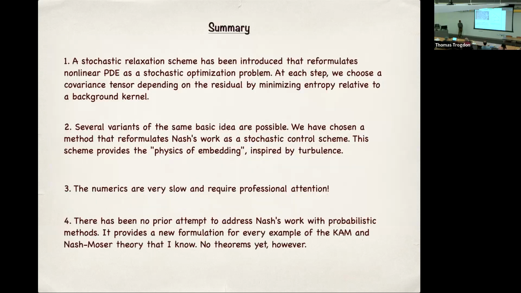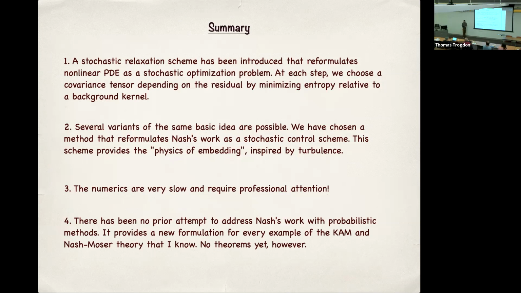So let me just close at this point by telling you what I've done. I've introduced the stochastic relaxation scheme. What it's really doing is reformulating large numbers of nonlinear PDE as a stochastic optimization problem. The stochastic optimization problem is, I hope I convinced you, reasonably clean. At each step, you have a residual.